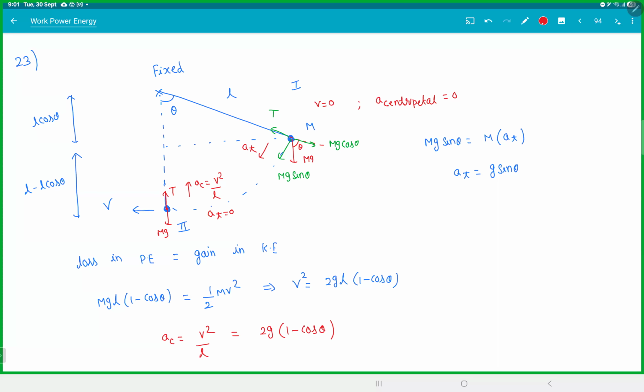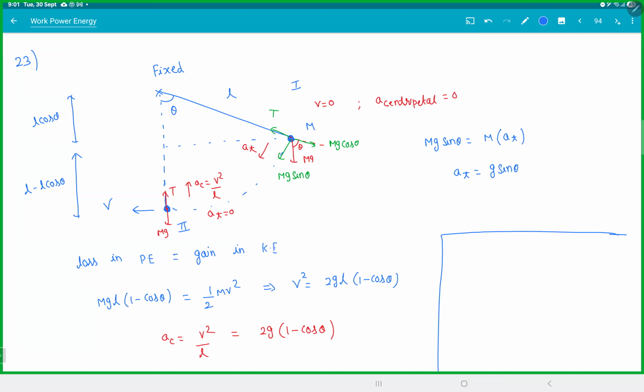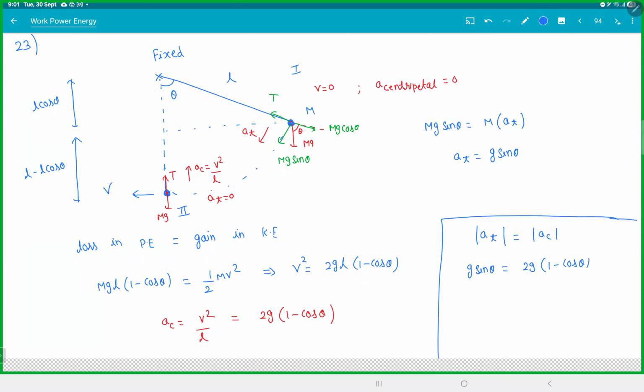And now you are saying these two are equal. So you are saying the initial A tangential is equal to this final A centripetal. Again, magnitudes. The directions will be different. g sin theta is equal to 2g(1 minus cos theta). g will cancel.